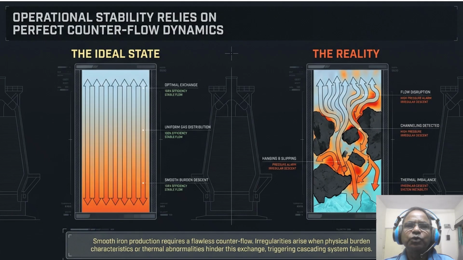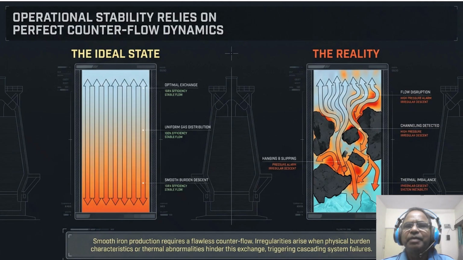The neat arrows are gone, replaced by chaotic swirling orange paths that snake around massive dark grey obstructions. The labels point to flow disruption, channeling, and thermal imbalance. When this exchange is hindered, we see a system failure.